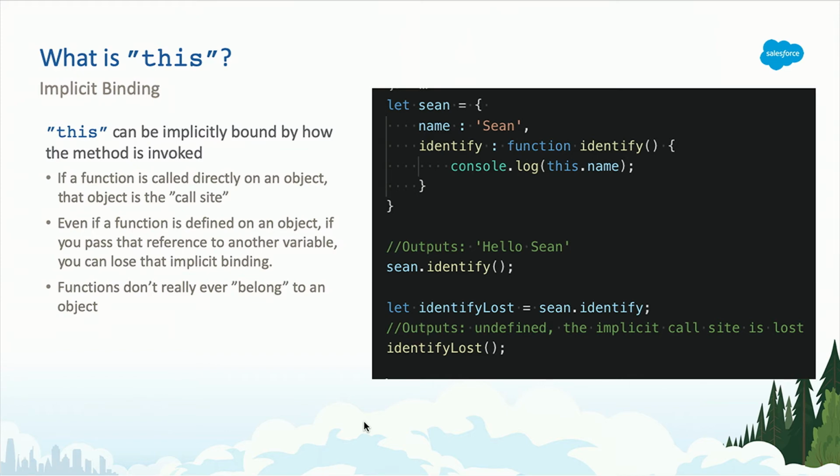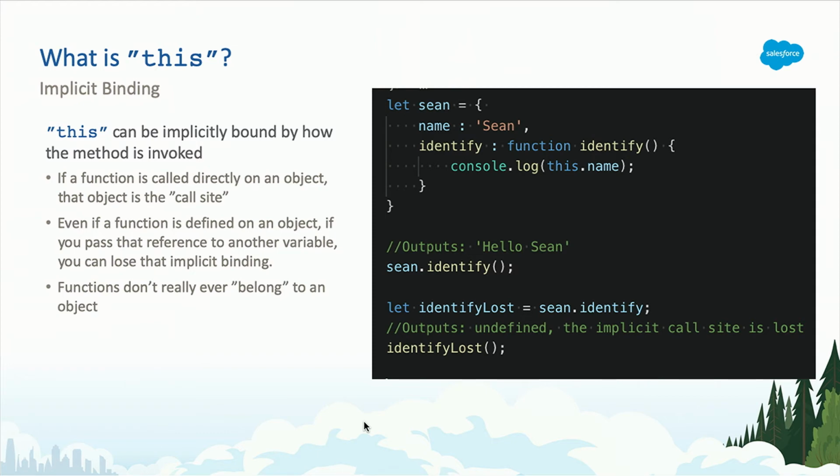Now, the next one is implicit binding. When an object has a function as a property, and that function is called directly on the object, the this keyword is that object. This is what is called implicit binding. This is a little easier to understand with an example. So I have an object called Sean again that has two properties, name, which holds a string, and identify, which points to a function that outputs this.name.